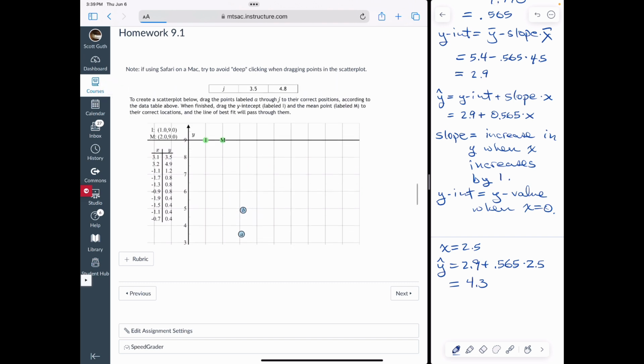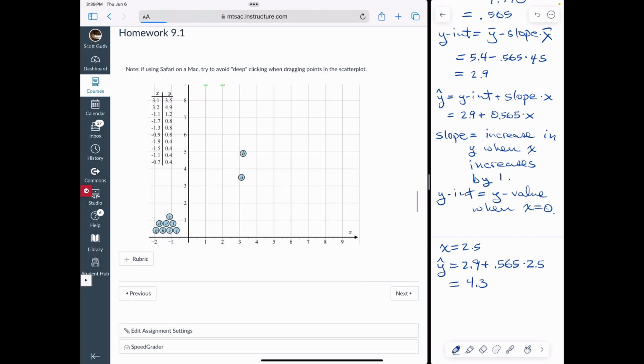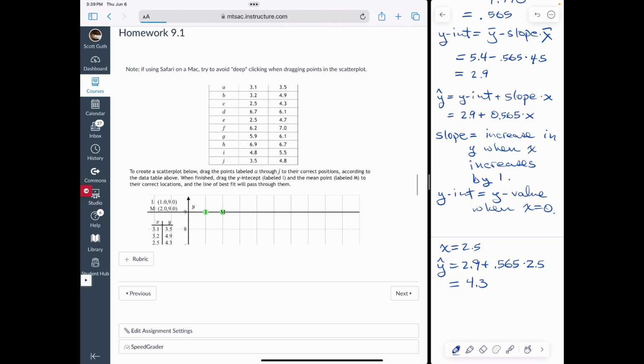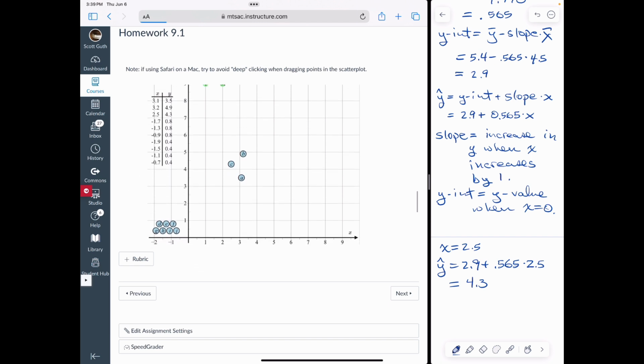The third point is C, should be 2.5, 4.3. It's a little off, so let me get it just right. 2.5, 4.3. Now the fourth point is D, it's 6.7, 6.1.